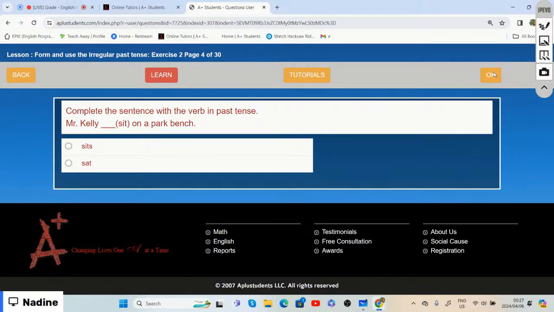Mr. Kelly sit on a park bench. Do we say Mr. Kelly sits or Mr. Kelly sat on a park bench?